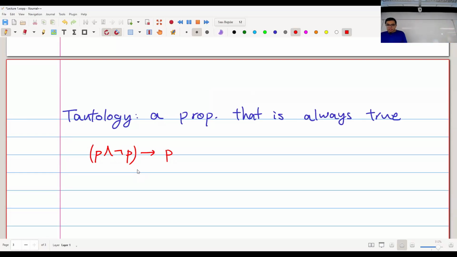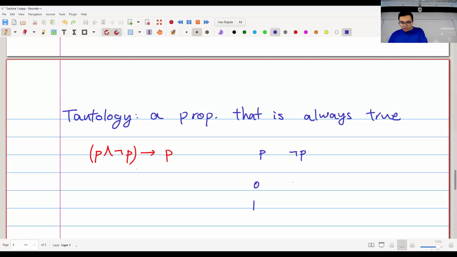Okay, how can I prove that this is a tautology? Well, let's just create that table again. So here I just have one variable. I have only one proposition P. So this proposition P can either be false or true, 0 or 1. Now, what happens to not P?